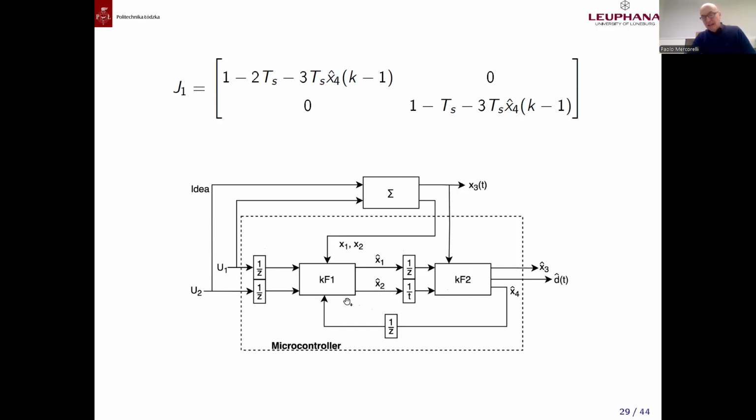Think about other possible variations. One of them is also to augment the variable here, and then, of course, change a little bit. I didn't put here the scheme with the augmentation because we have here another estimation of x4.